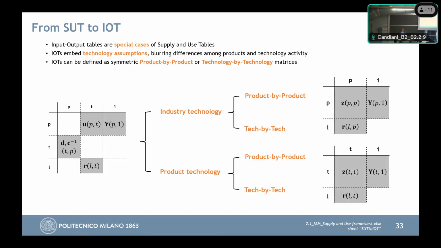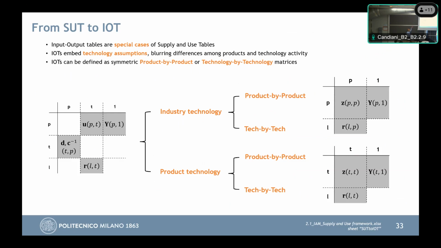The point is that the input-output tables that you may find are 99% product by product or technology by technology. You have to remember that the root of such a table is always a supply and use system, where an explicit distinction between product and technology is made.